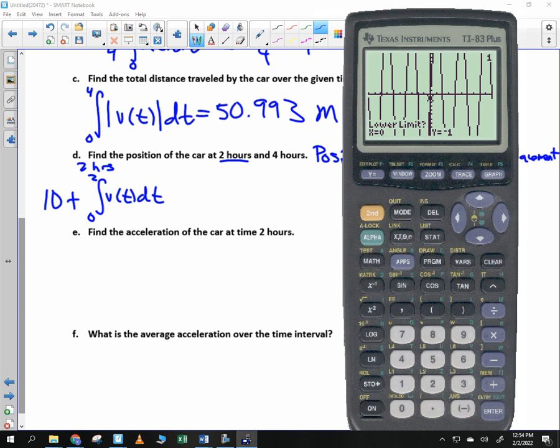Zero to 2. 23.464. So 10 plus 23.464, otherwise known as 33.464. 33.464 what? Miles.